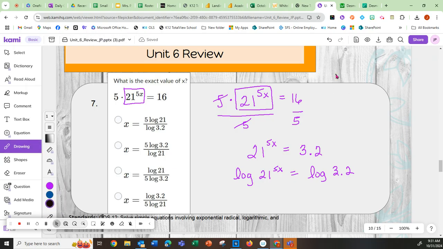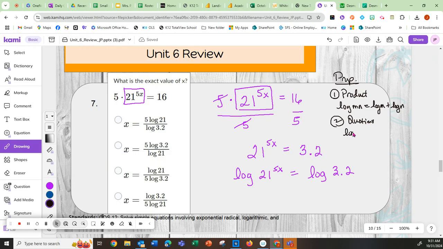We have 3 properties. Let me just remind you. One is called the product property. That says if you have log of m times n, then you can rewrite that as log of m plus log of n. We have the quotient property.